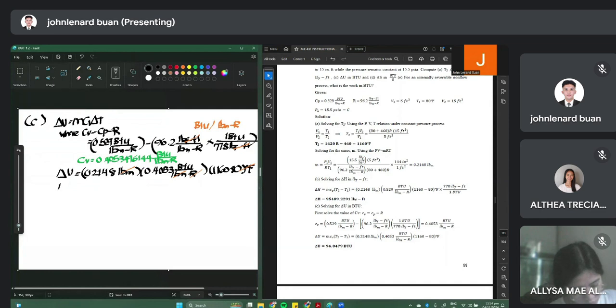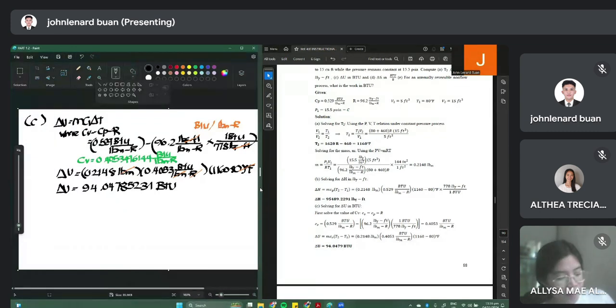Therefore, ang ating delta U is equal to 94.04785231 BTU. Yan po ang sagot sa letter C.